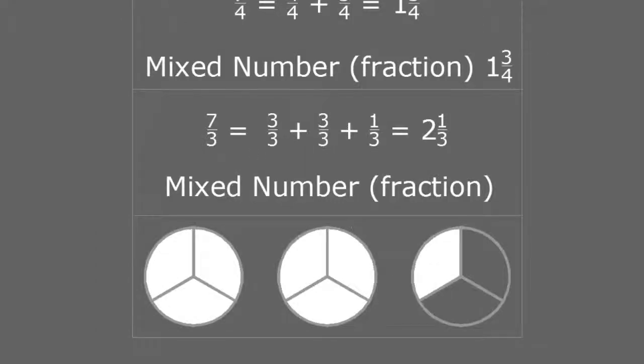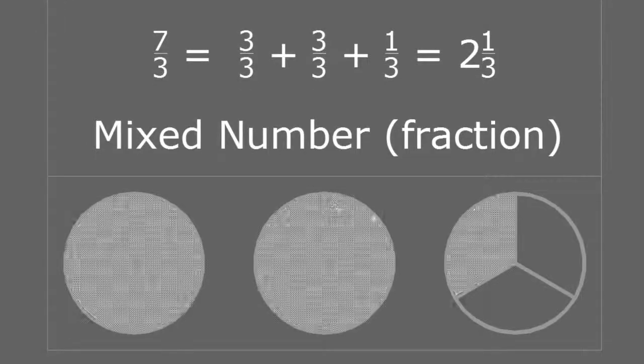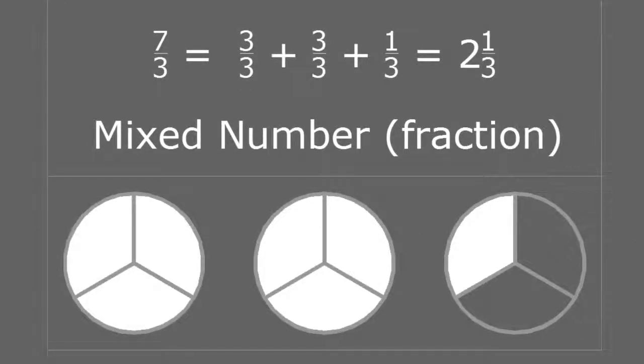Let's look at another example of improper fractions and mixed numbers. Now we have 7 over 3. How do I change that into a mixed number? 7 over 3 can be rewritten as 3 over 3 plus 3 over 3 plus 1/3.